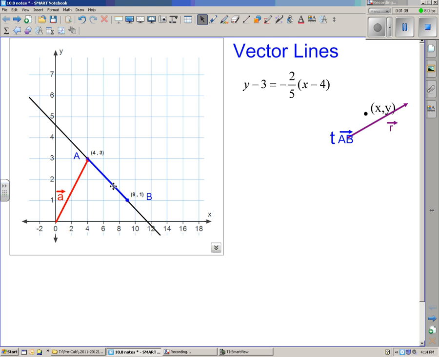And that looks like vector addition. That, what I've got so far, is vector A plus vector AB.